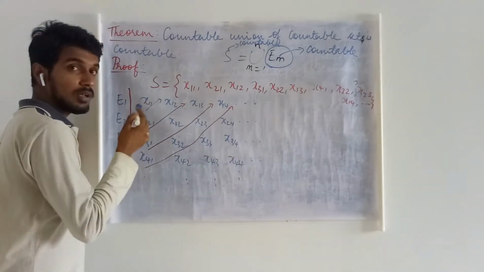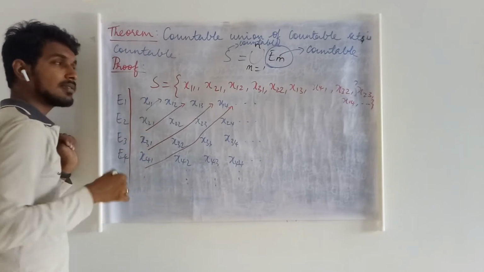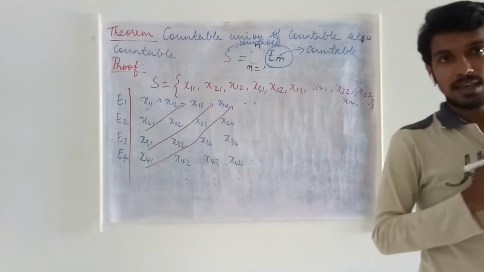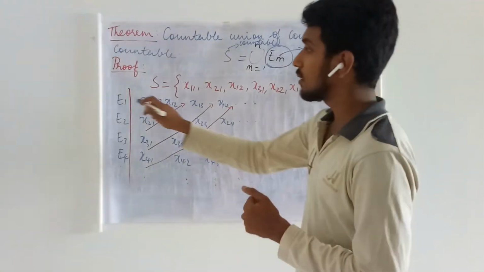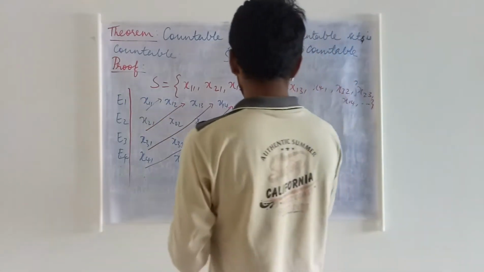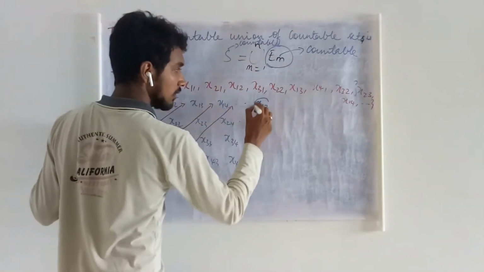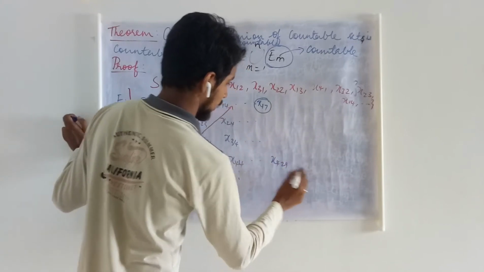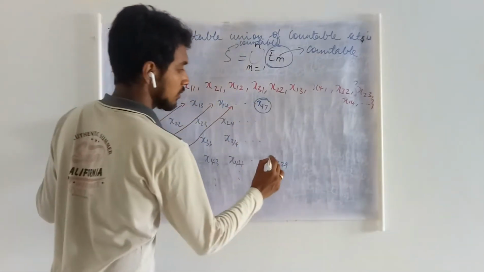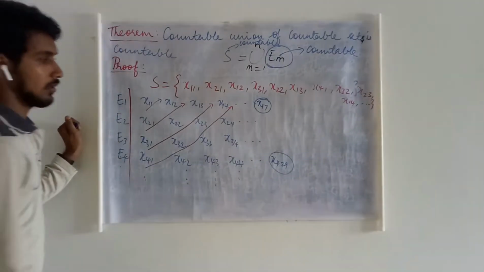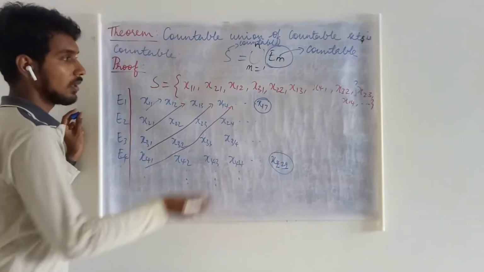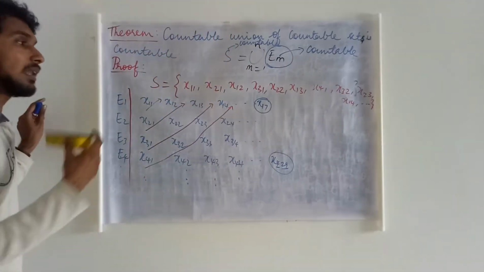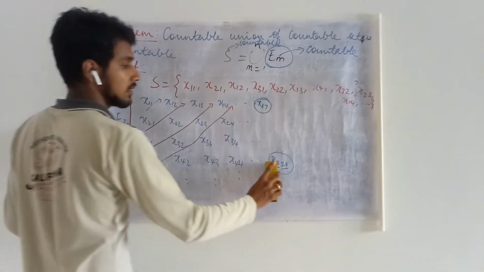But when we make the union of all these countable sets, we do not have a guarantee that all these elements are distinct. For example, some element x17 in E1 may be the same as x429. Or there may be many or few elements of this kind.